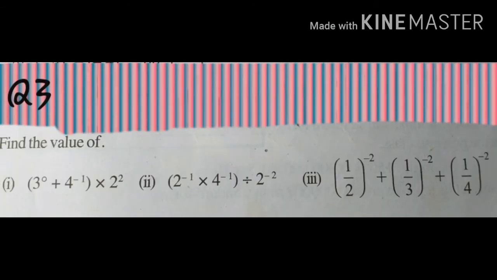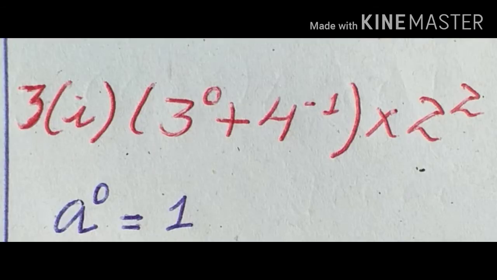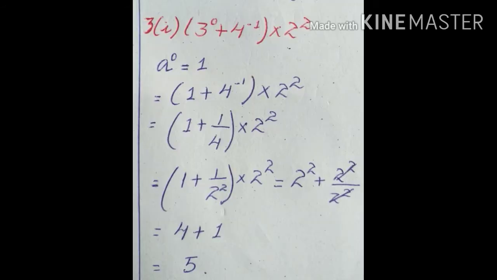Find the value of (3 to the power 0 plus 4 to the power minus 1) bracket into 2 square. Now here from the identities we can use a to the power 0 is equal to 1. That means for any number, if the power is 0 the value will be 1. Like here 3 to the power 0 means we can put 1.